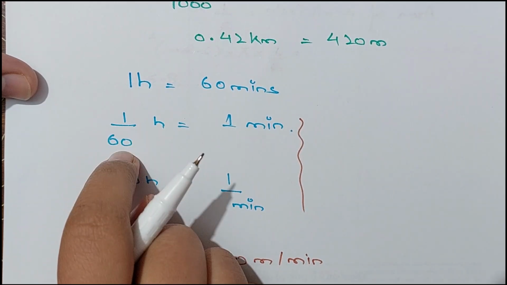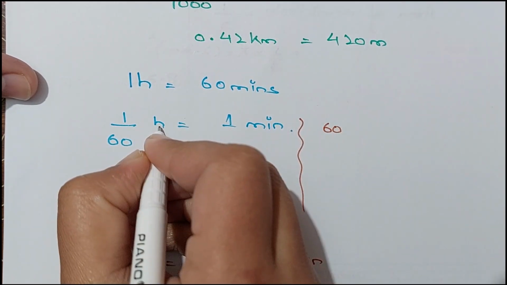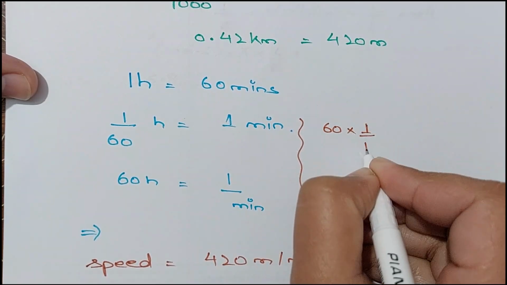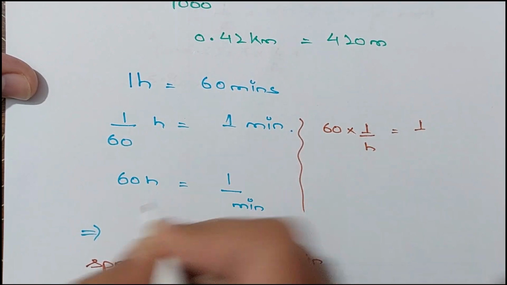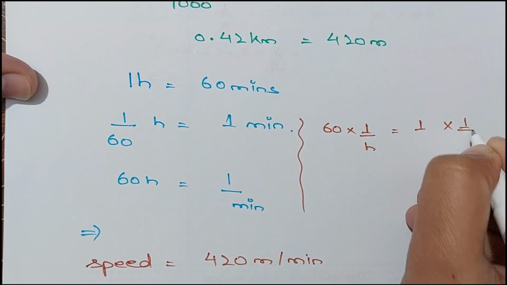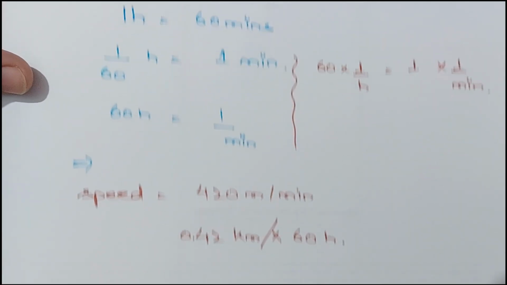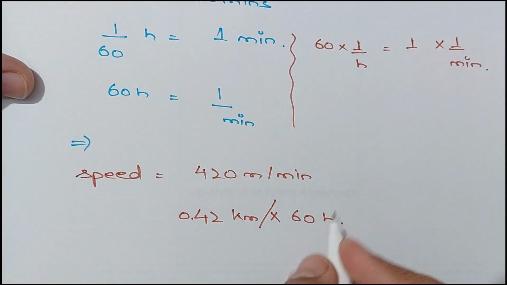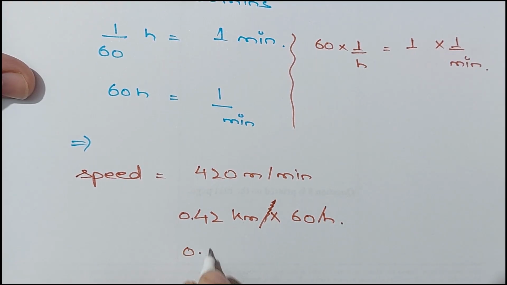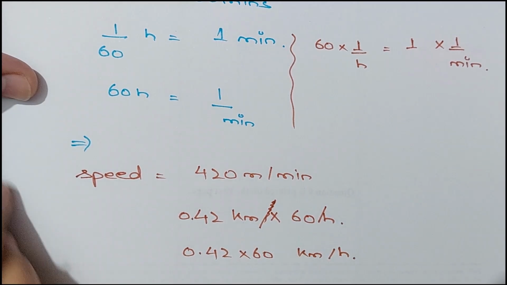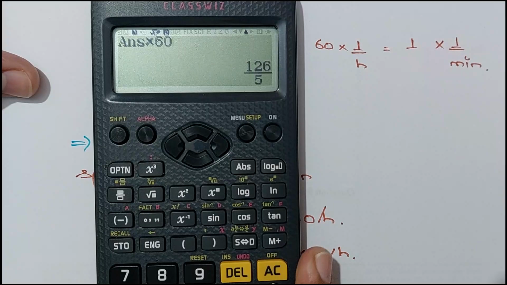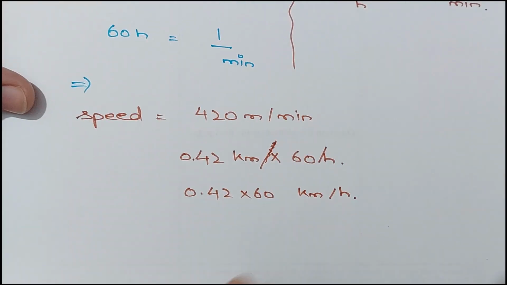The reciprocal of 1 over 60 is 60, and the reciprocal of 1 over minute, whenever you have 1 over minute, this would be 60 over hour. So 0.42 times 60, this is kilometer over hour. Understand now, this is 25.2. So the answer is 25.2 kilometers per hour. This would be the speed.